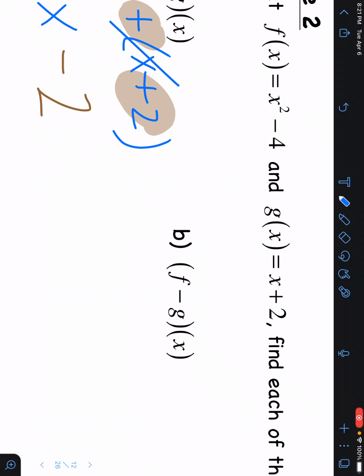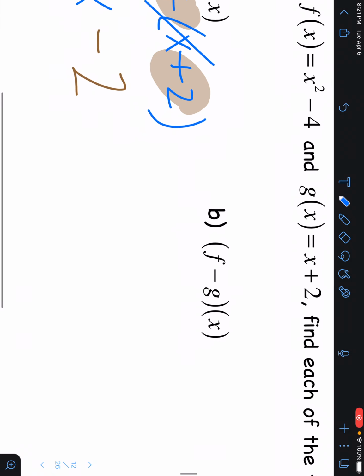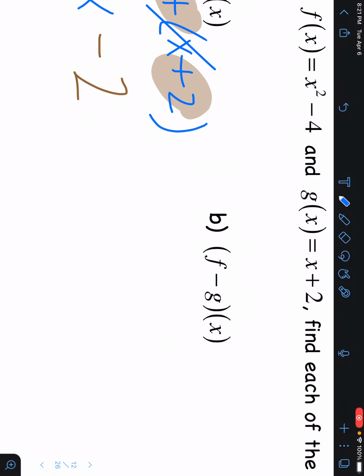So letter B, we want to do f minus g of x. So here's f, and then a minus, and then the g. And then we're going to just combine like terms again, but we're going to be very careful because we do have this minus sign in between. So x squared will drop down. There's no other x squared to go with it.